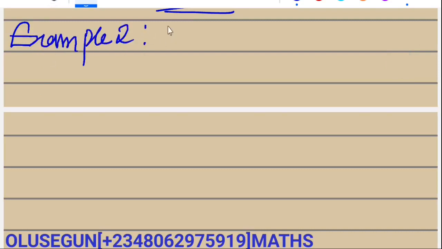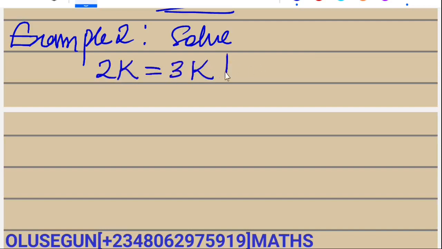Solve: let's try to have a very good question at this period of the day. To make it meaningful, we have 2k is equal to 3k plus 4 minus 5k.